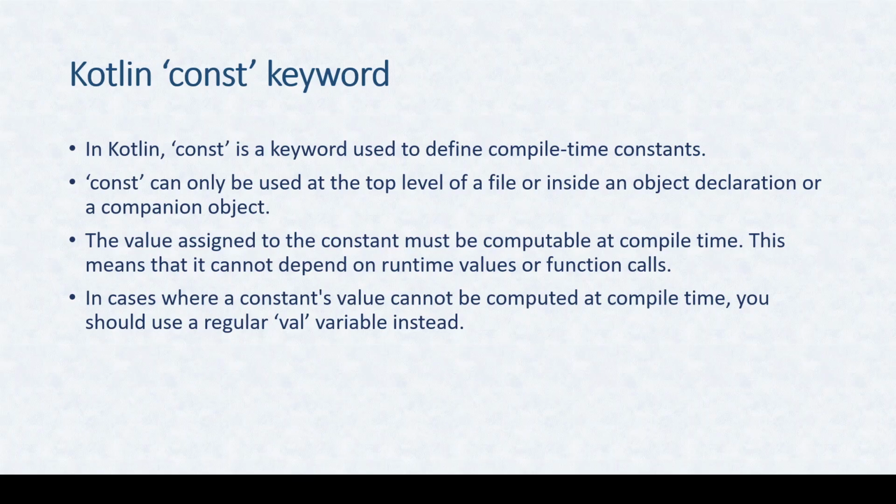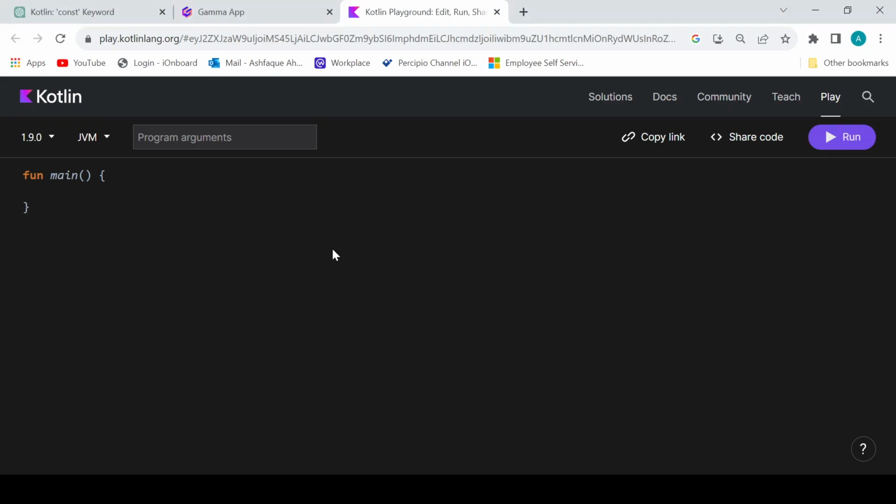So let's start with the code. Let me create one constant variable here, const val name equals to Ashfaq.